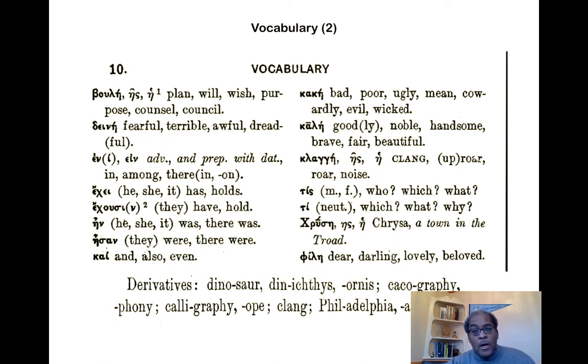Okay? And again, you might want to make flashcards of these to get a jump on them and start learning the vocabulary that we'll be actually seeing soon.